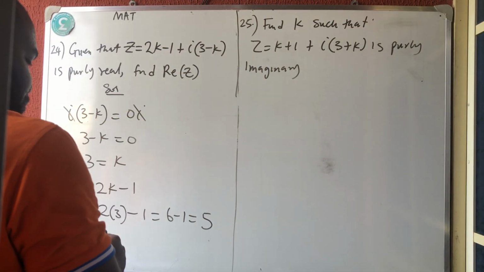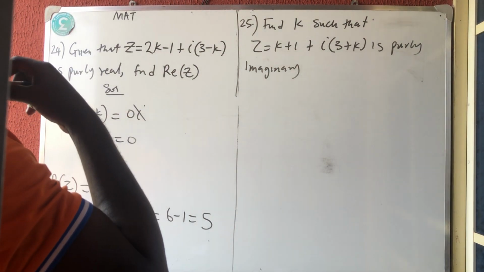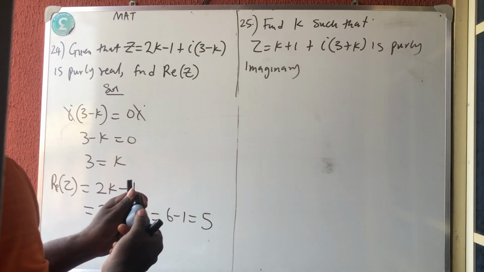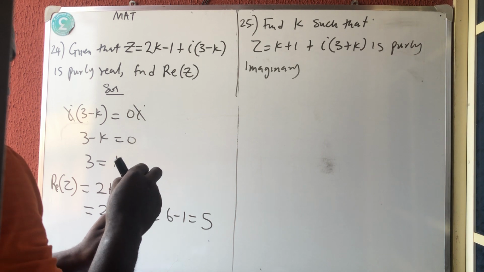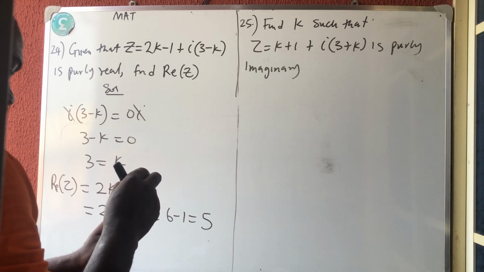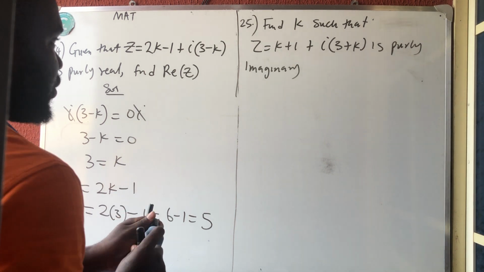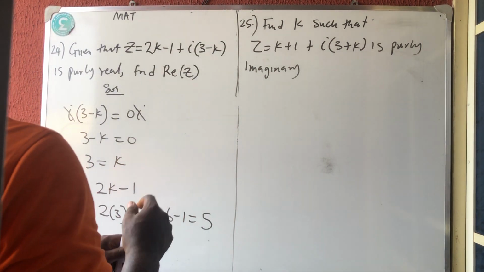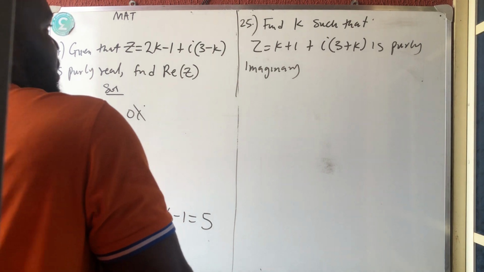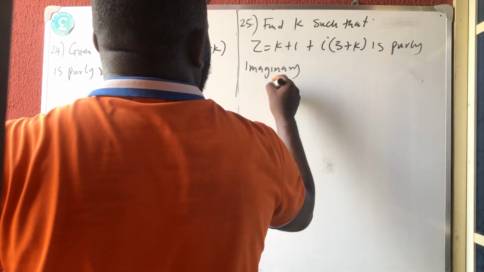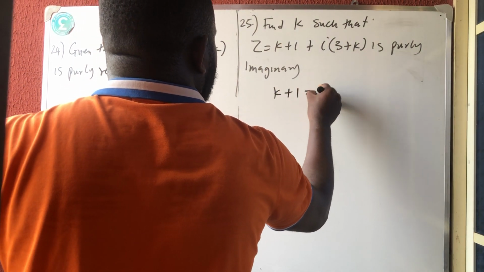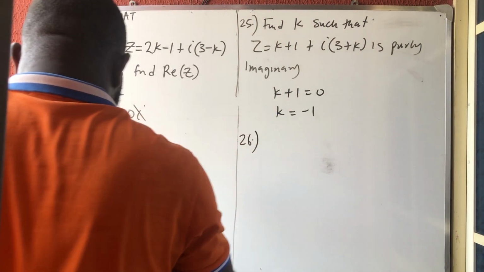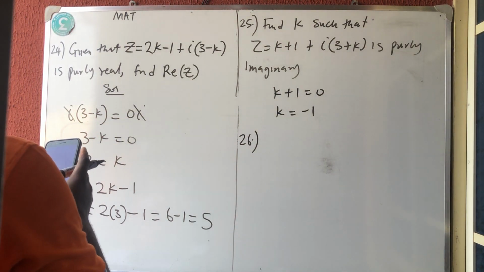Don't forget that if it is purely imaginary, it means that the real part will be 0. So let's equate the real part to be 0. So if you equate the real part to be 0, you see that k is simply minus 1, even without solving anything. So let's equate this real part, which is k plus 1, to be 0. Therefore k is simply minus 1. Number 26. You don't have any question to ask.